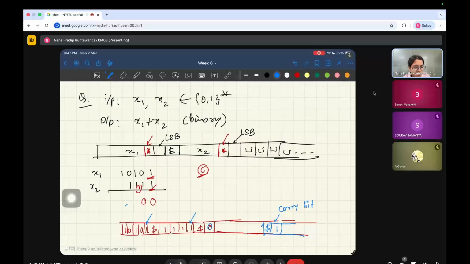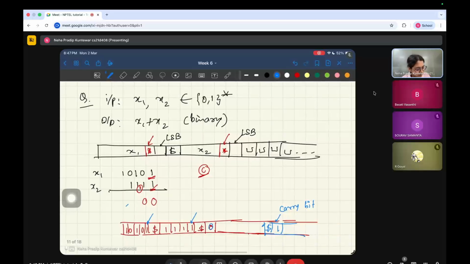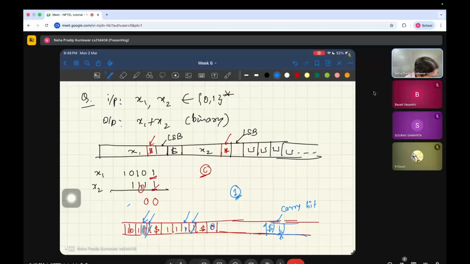Then, as you did earlier, replace these with a new alphabet so that you know that they have been crossed off. You look at this second least significant bit, that is 0, and second least significant bit, that is 1. So the sum so far is 1, but the carry bit tells you that you should be adding this 1 to it. So the second bit becomes 0, and you are still carrying a 1.